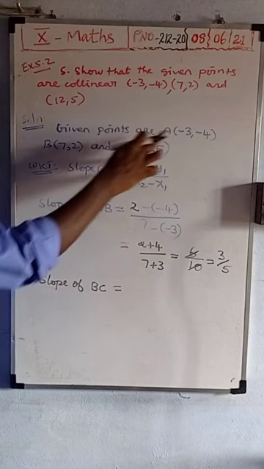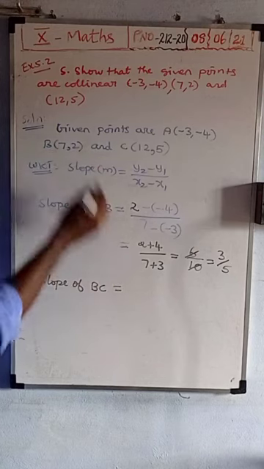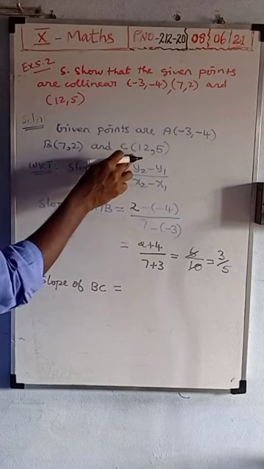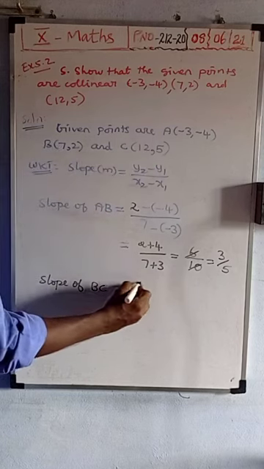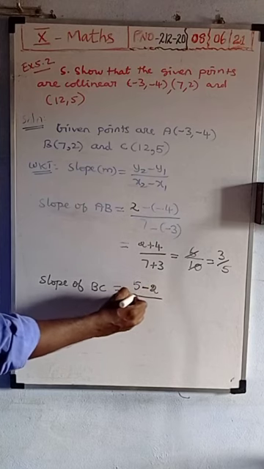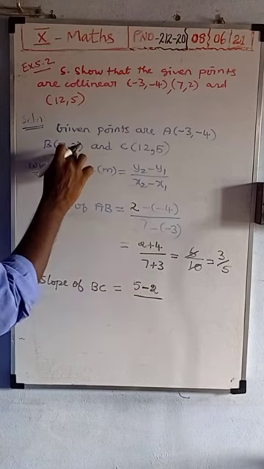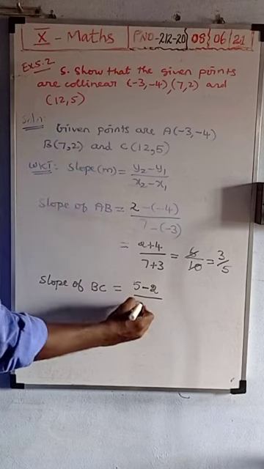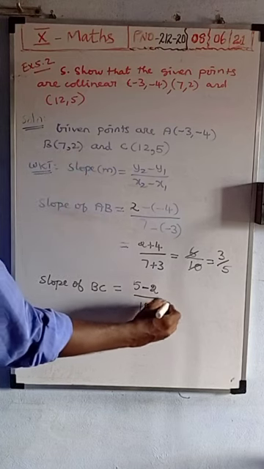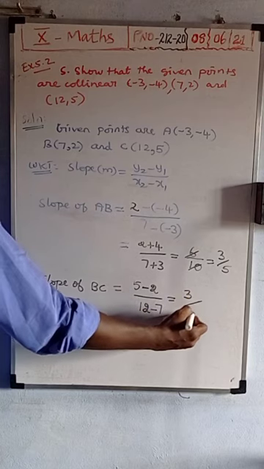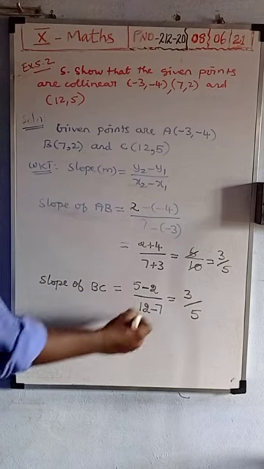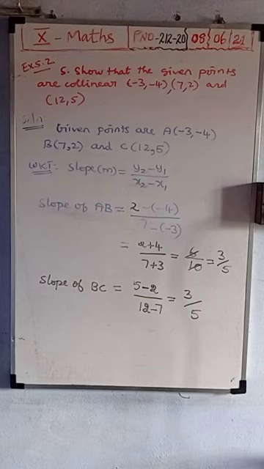Now B point is (x1, y1), C point is (x2, y2), so (y2 - y1) / (x2 - x1) is (5 - 2) / (12 - 7). 5 minus 2 is 3, divided by 12 minus 7, which is 5.